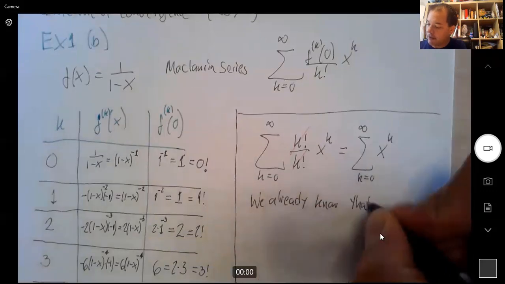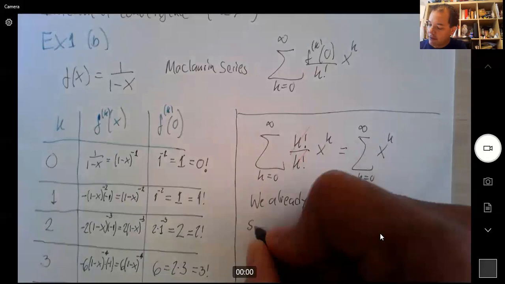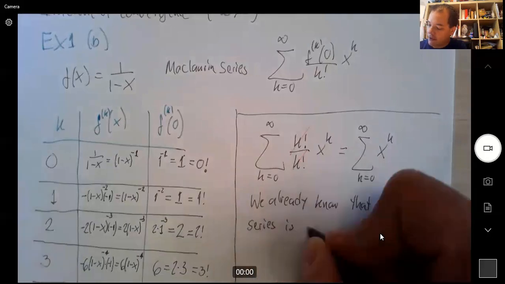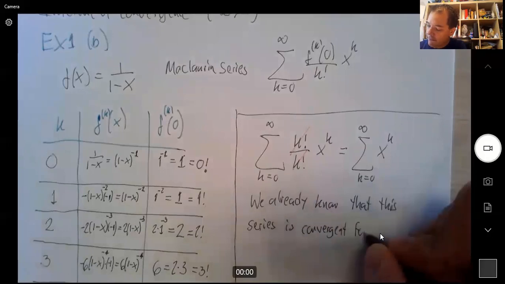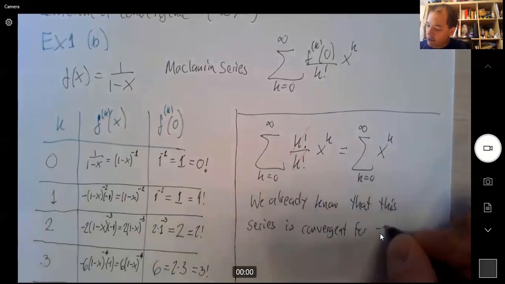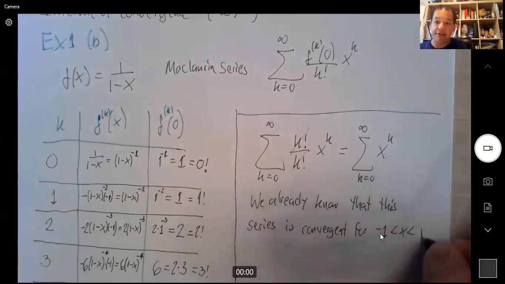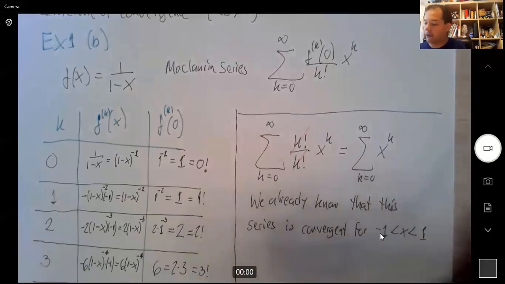that this series is convergent for -1 less than x less than 1, or the absolute value of x less than 1, right? That's the interval of convergence. So no need for us to do that.